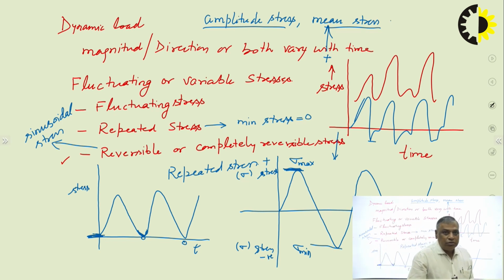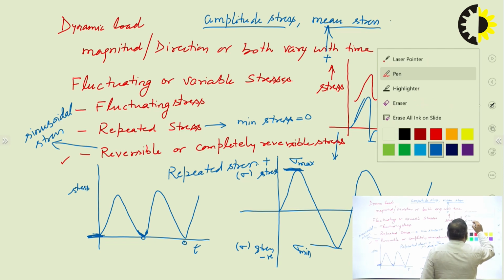And the mean stress is the average, a constant value of stress that we can apply with respect to time, and it will induce the same effect in the element as the real-time application of these stresses produces. Then this is called the mean stress. So we will try to understand what is this mean stress and amplitude stress.